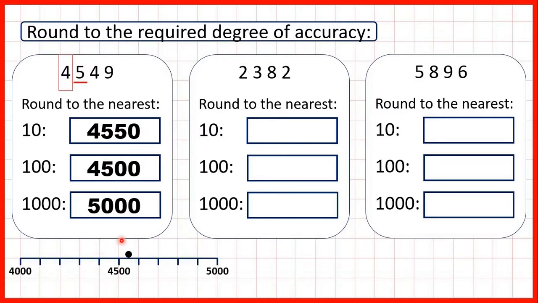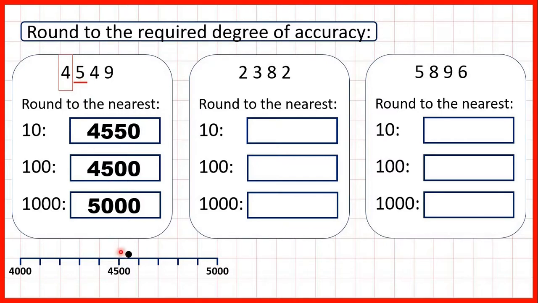Now on a number line, if I were to count up in thousands, I would say 4,000 and then 5,000, and our number is between those thousands. Now for this number line, we're increasing by 100 with each square, because in the method we underlined our hundreds digit.